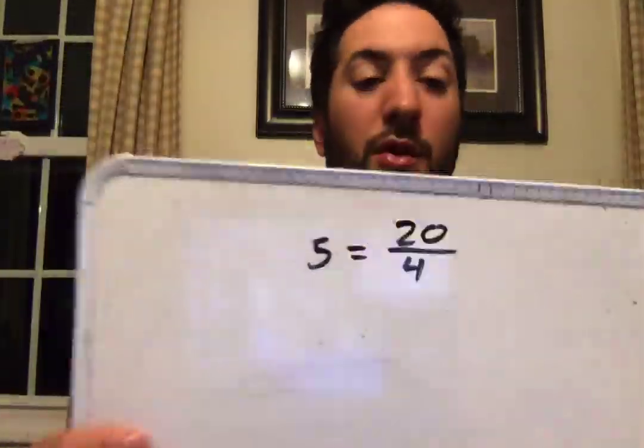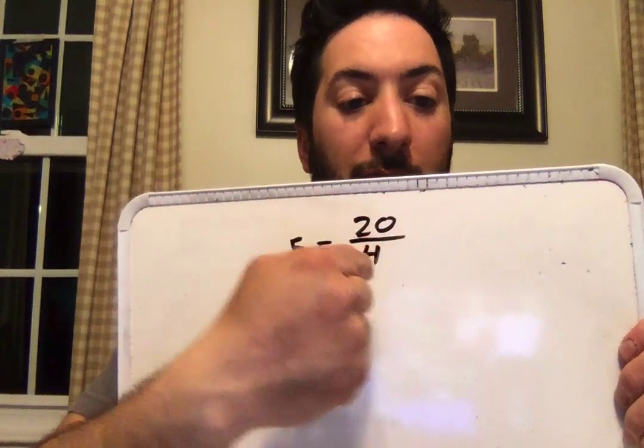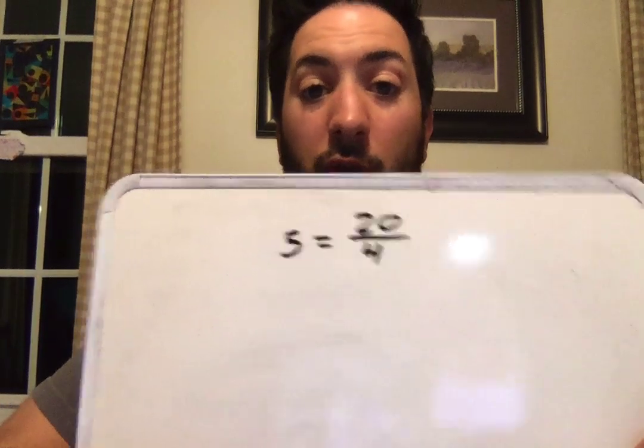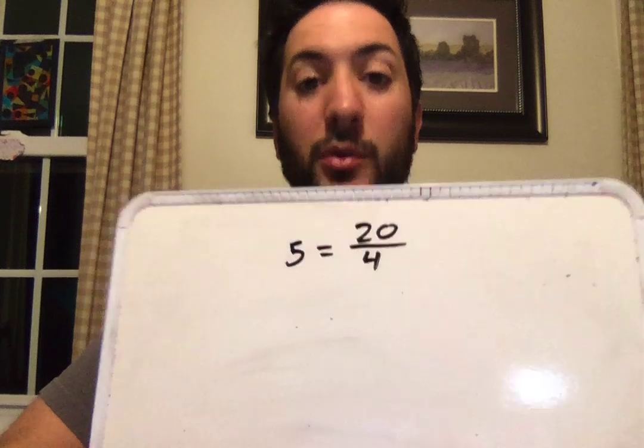In an equation like this, let me show you something cool about math. Is this a correct math sentence? 20 divided by 4 equals 5. I think you'd all agree with me that 20 divided by 4 equals 5, right?